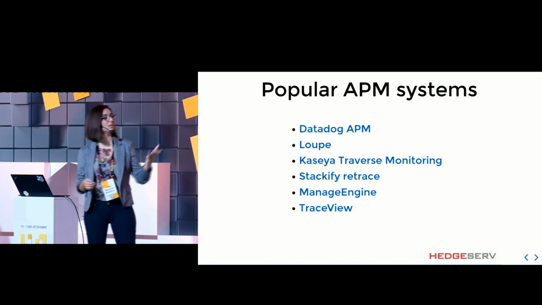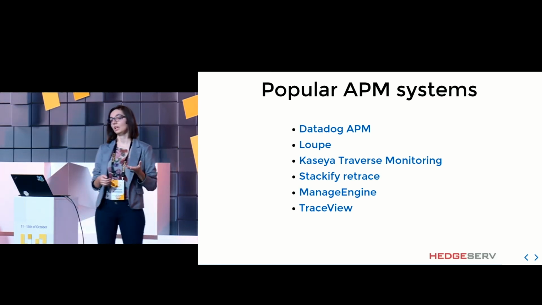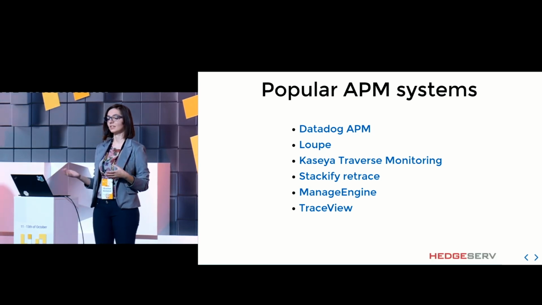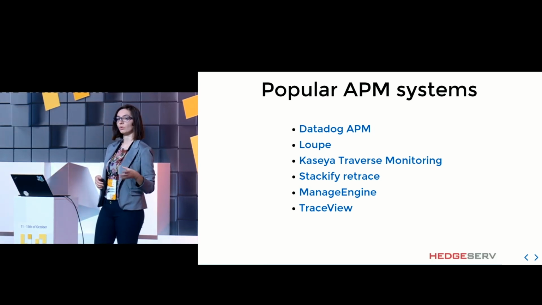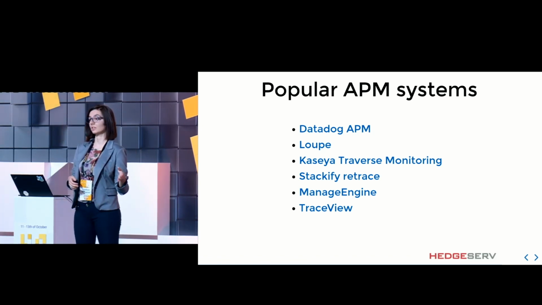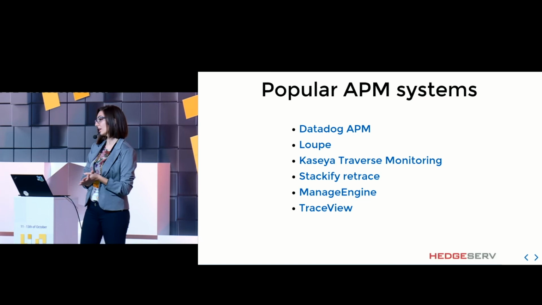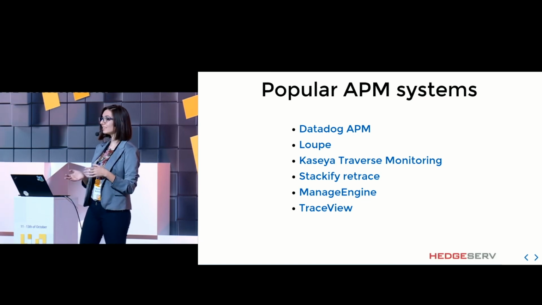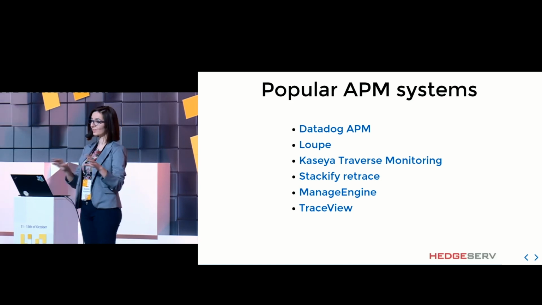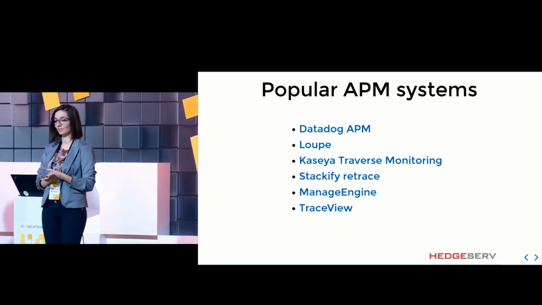On one hand, Lupe is an APM that supports only .NET and Java. On the other hand, Stackify Retrace supports Python, Ruby, .NET, Node.js, and many others. So it really depends which language you want to use. And the other thing, at least for me, is the pricing. They have totally different pricing structures, so you have to decide which one you want to use.